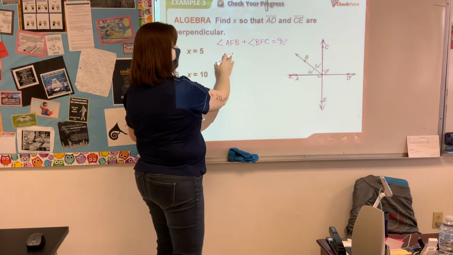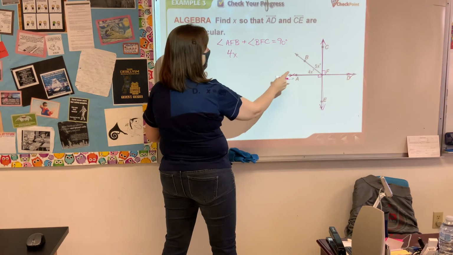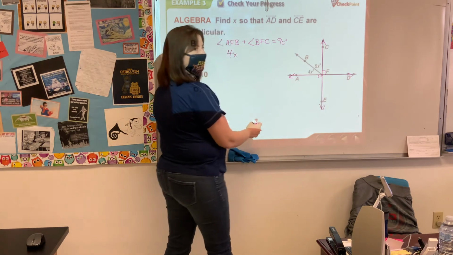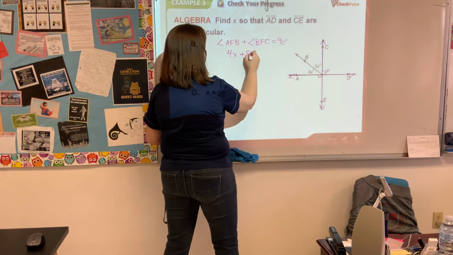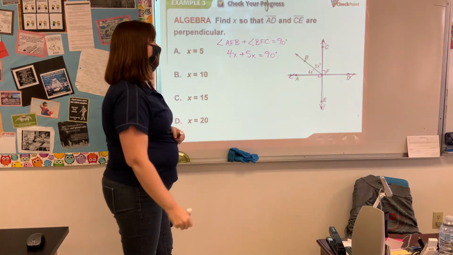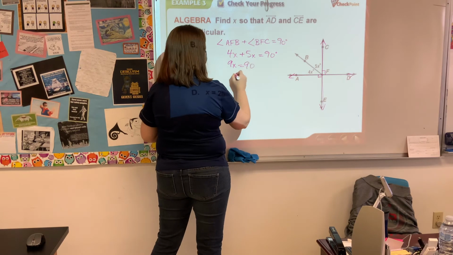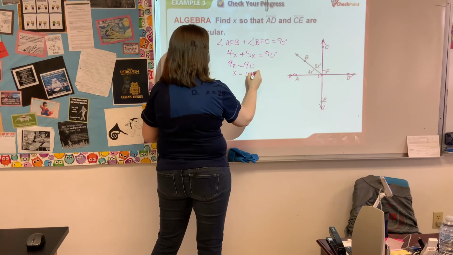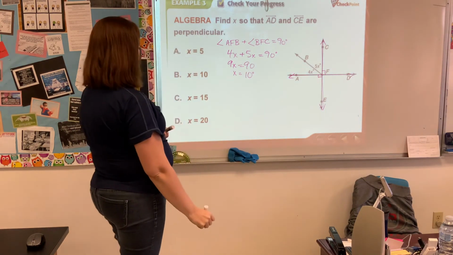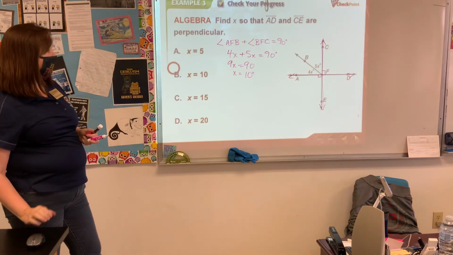What do we know about AFB? Well, that's equal to 4x. BFC, well, that equals 5x. Together, they'll equal 90. 9x equals 90, x equals 10 degrees. Okay, so you'll find that the answer is 10.